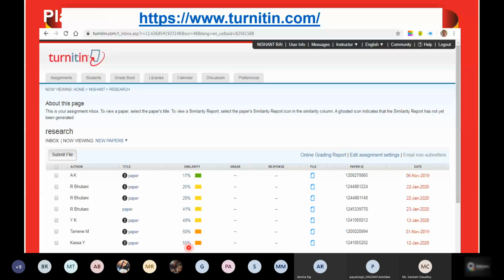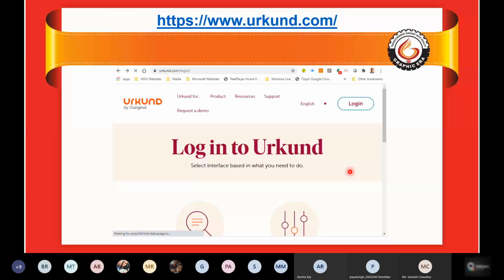This similarity shows how much matches, in percent, with other already published literature. And then there are guidelines on how much percent is acceptable and how much is not. So the idea is that software is available which can catch such kind of copying. Another such software is Urkund, which is also provided by the university, right?